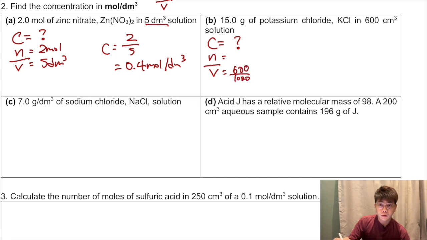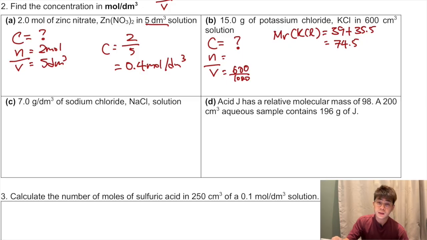So I need to first calculate the number of moles. So I need to find MR of KCl, which equals 39 plus 35.5, and that would be 74.5. So what does MR of 74.5 mean? It means that 1 mole is equal to 74.5 grams.